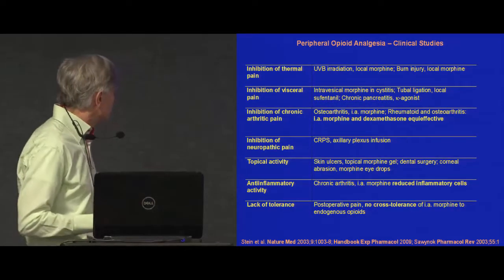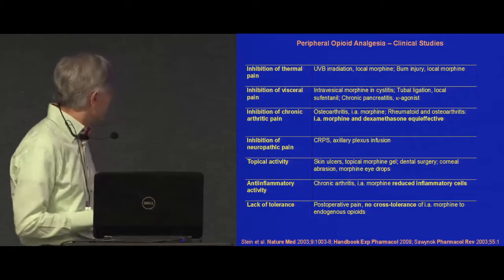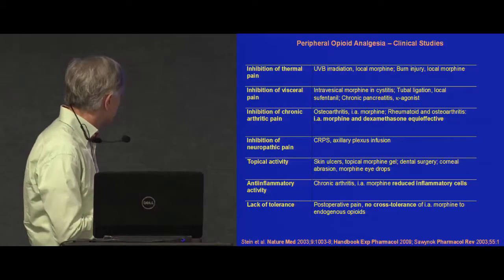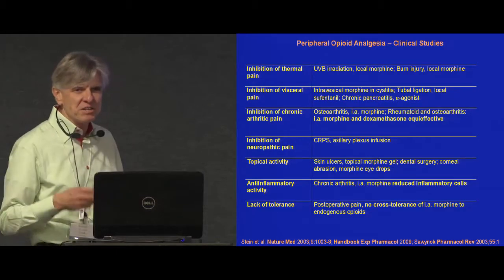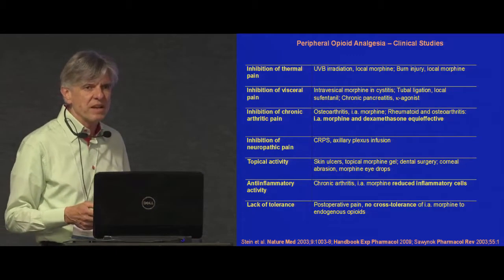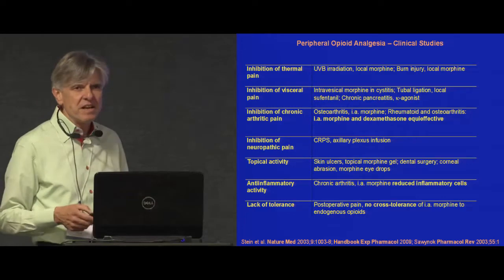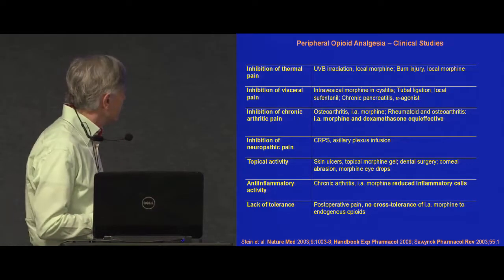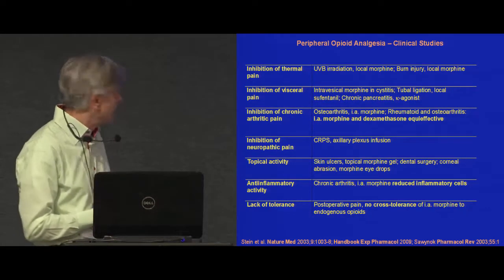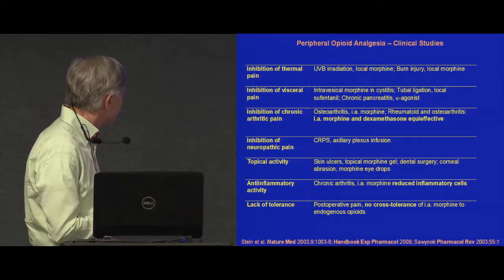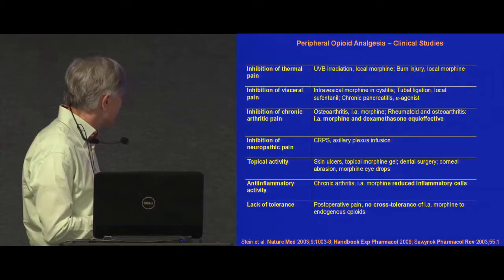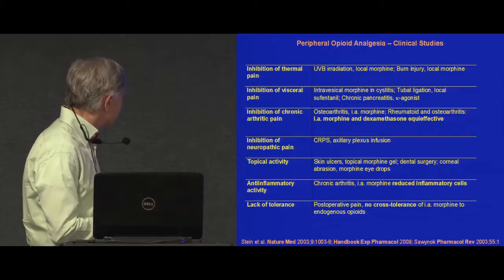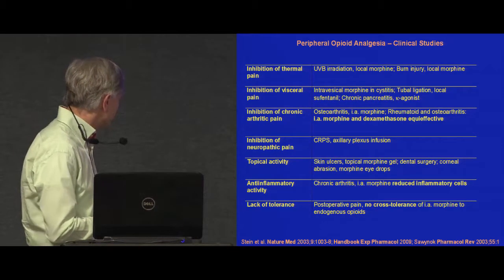There were other small studies. I cannot show you all the data in, for example, ultraviolet irradiation. These were healthy volunteers that had inflammation, like a burn injury induced by this ultraviolet irradiation. There's visceral injections, intravesical morphine injections. Again, osteoarthritis, I just showed you.